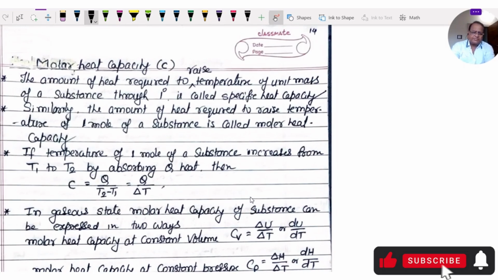Now molar heat capacity. Specific heat capacity is defined as the amount of heat required to raise the temperature of unit mass of a substance through 1 degree.